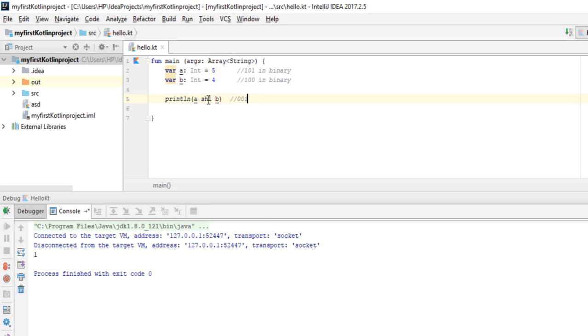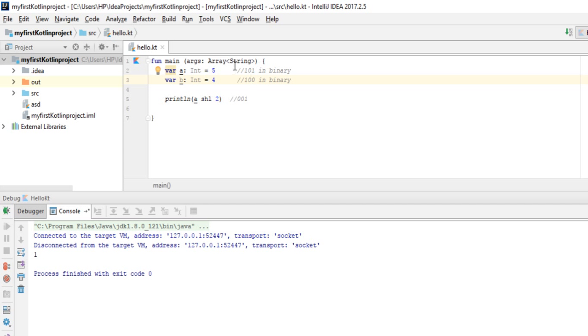What this left shift will do is shift the bits of the operand to the left side by the specified number of times. If I write here 2, for example, then the value of a, which is 5, and in binary 5 equals 101, will be shifted to the left side by 2 bits, and then we will have 0 added to the right side.